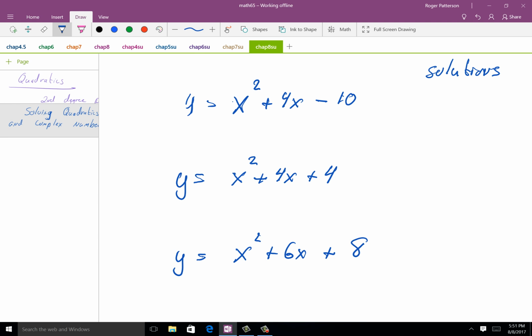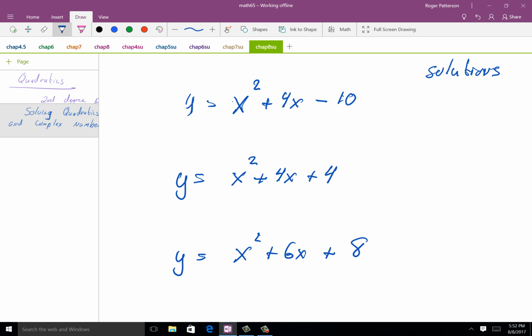If we solve this using the quadratic formula from Thursday, we know that the answers are going to be where the graph crosses the x-axis. So this one has negative 5.7 and 1.7 as its two solutions.